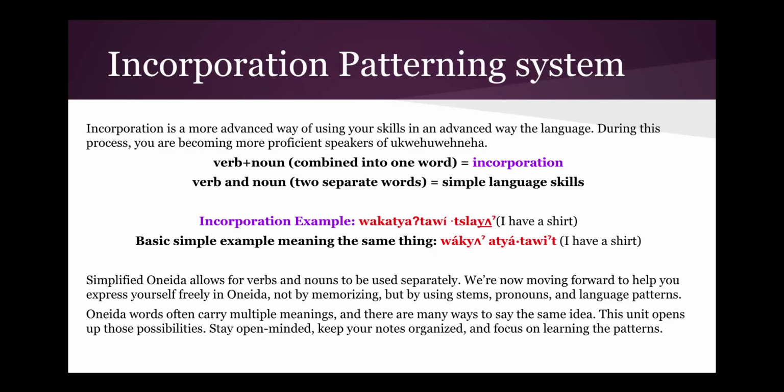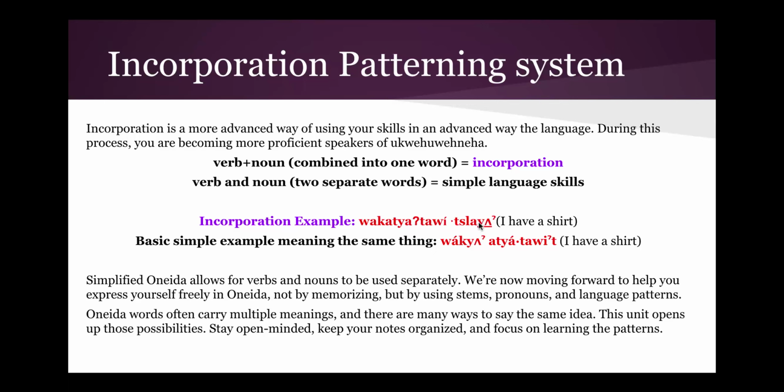I had a quick question about the example that you have on the screen right now. I'm just trying to figure out how it's put together. So it's an A stem, right? Yes. And then the pronoun is, why is it the wag instead of just ka or ga? Because it has to do with this verb root.